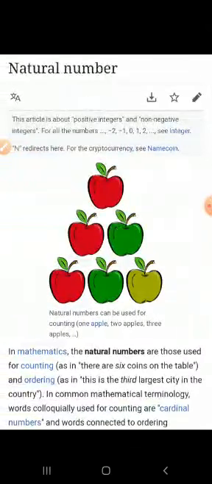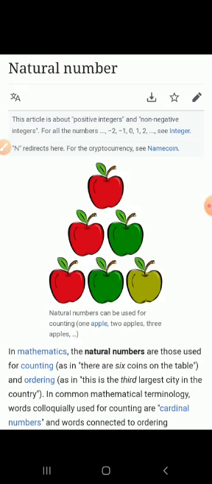So before starting with rational numbers, let us recall some of the definitions which you have learnt in the previous classes. Number one, you are knowing about natural numbers. Natural numbers, we also call them as the counting numbers.